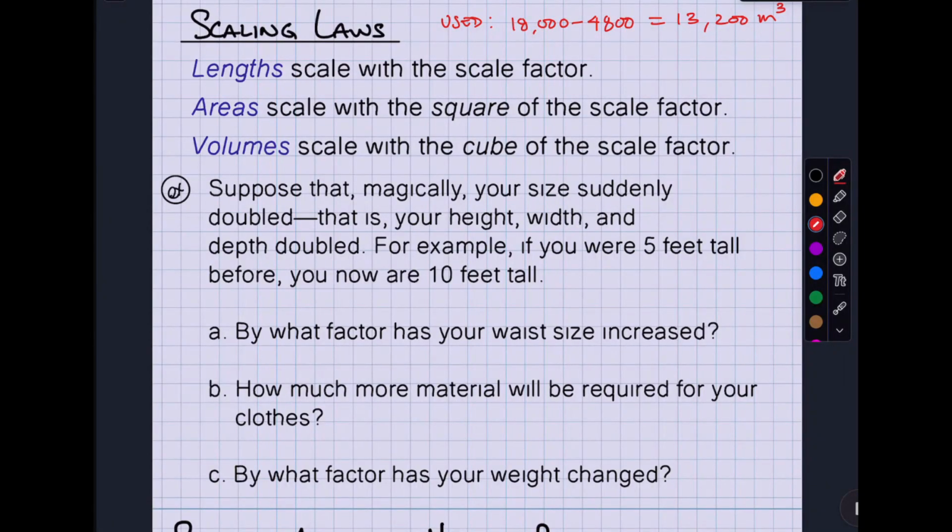So suppose that magically your size suddenly doubled. That is, your height, your width, and your depth doubled. For example, you were 5 feet tall before, now you're 10 feet tall. So you couldn't get girls before, and now you can't get girls either, because you're too tall now. You were too short before, and now you're too tall. By what factor does your waist size increase?